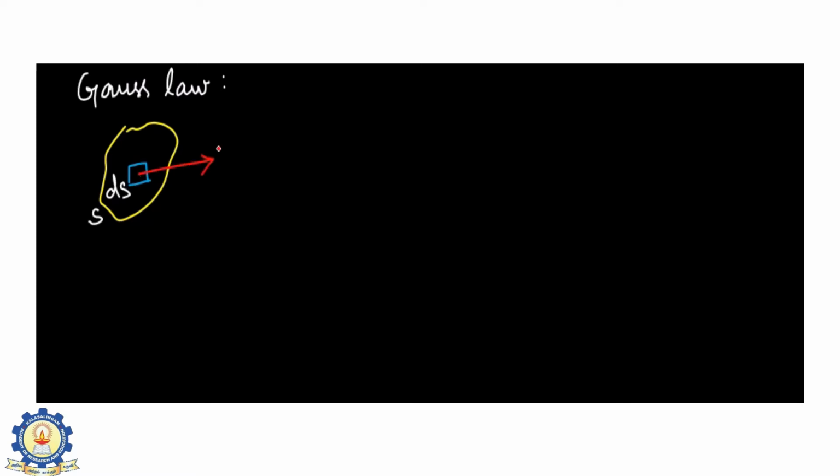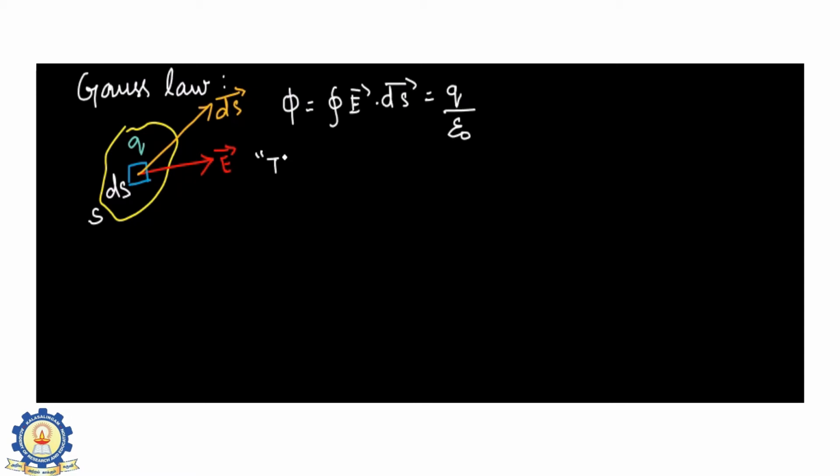I have marked the E vector perpendicular, and this E vector is outward, which means that the charges present in the surface are positive charges. ds vector is the surface vector that acts normal to the small differential element which we have chosen. So electric flux is equal to closed integral E dot ds is equal to q by epsilon naught. So this is Gauss law.